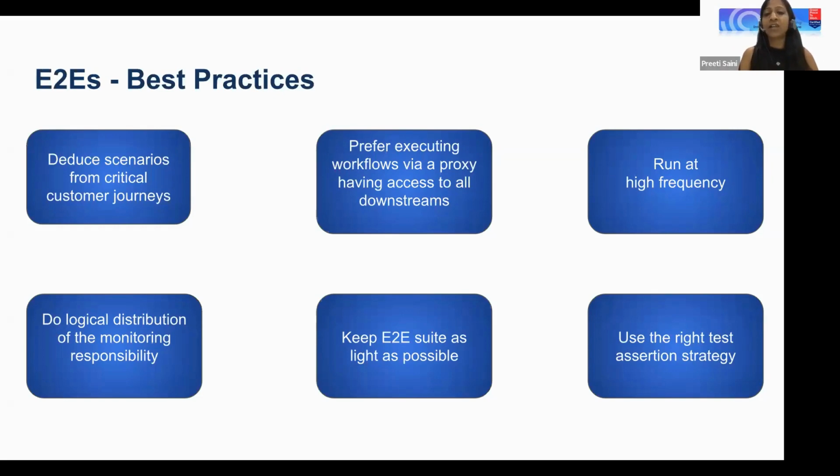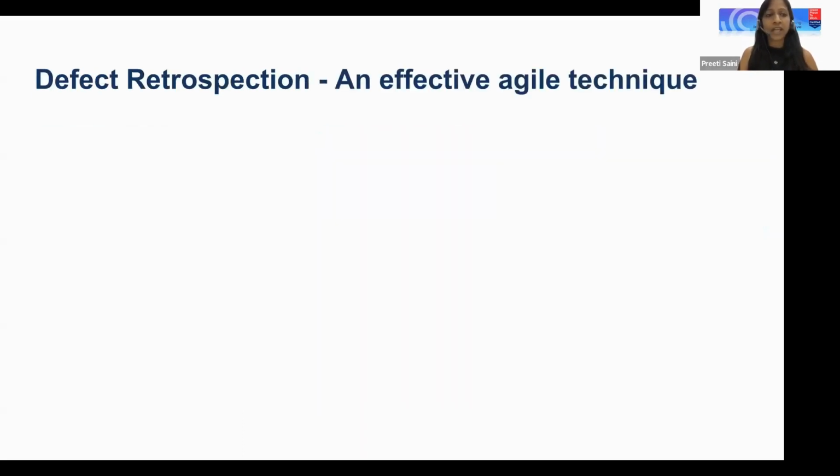The more effective assertions you have, the more effective your test is going to be. So pay key attention to what assertions you're using, and use the right assertion techniques for your end-to-end test, right? So let's move on to the next slide.